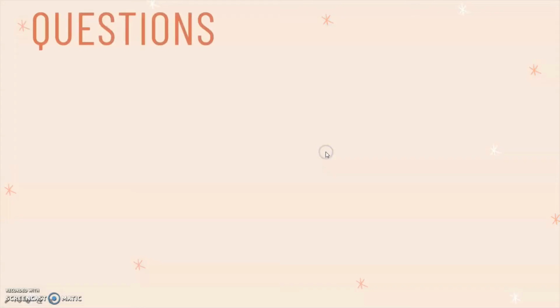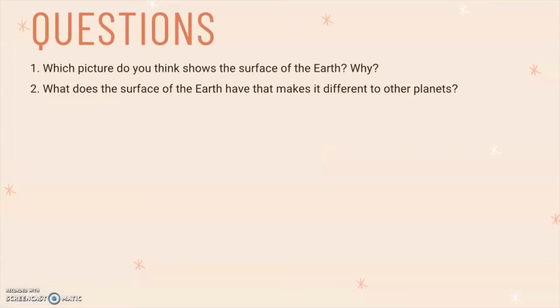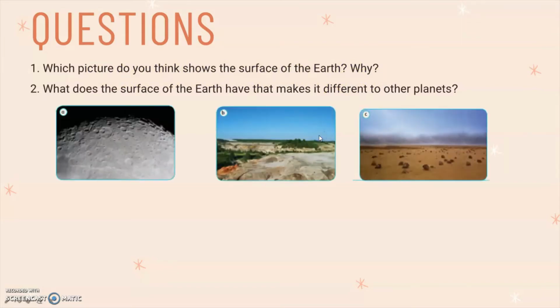Okay, next. I have a question. Which picture do you think shows the surface of the Earth, and why? I have 3 pictures. Which picture shows the surface of the Earth? A, B, or C? What does the surface of the Earth have that makes it different to other planets?